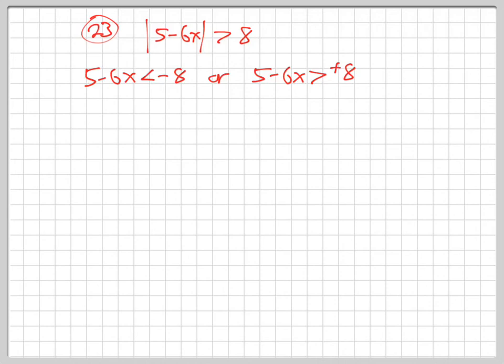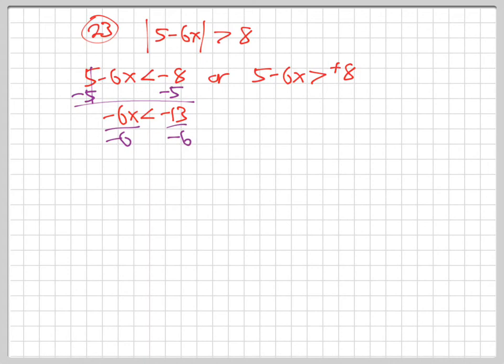Solve for X. And remember, if you divide by a negative, you got to flip the symbol. And right there I'm doing it, huh? I'm dividing by a negative number, aren't I?